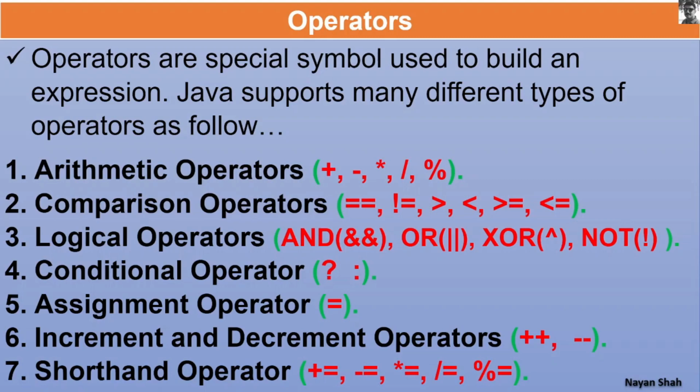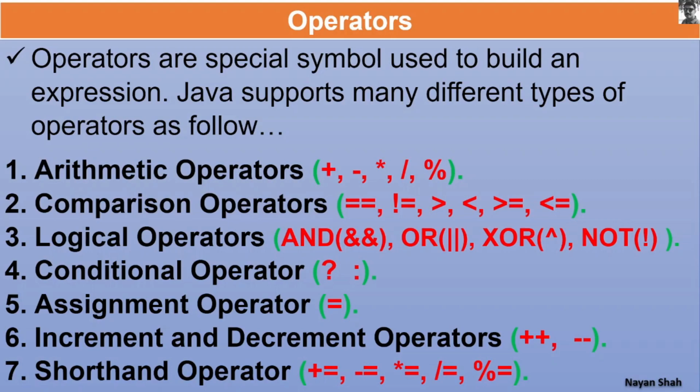But let us first see the different types. First, arithmetic operators. Arithmetic operators are used for arithmetic expressions, and there are 5 operators: plus, minus, multiplication, division and percentage, that is called the modulo operator. We will discuss them in detail on the next slide. Comparison operators.